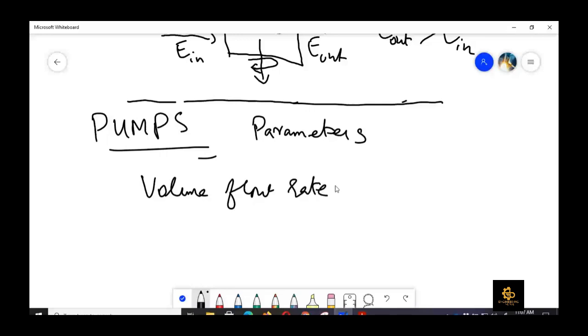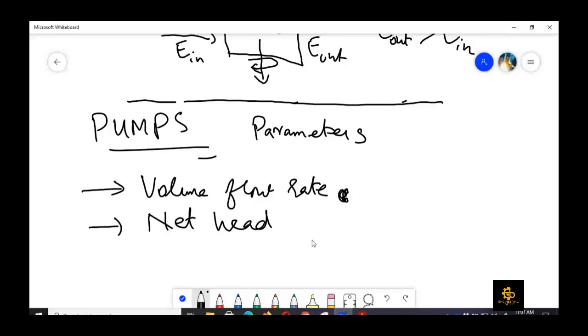It means how much volume flow rate is going to be achieved by the operation of that pump, right? And there is another thing which we are interested in, that is net head. That is, how much pressure head is produced at the pump. So how can we calculate that pressure head?